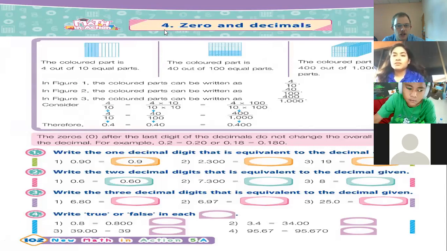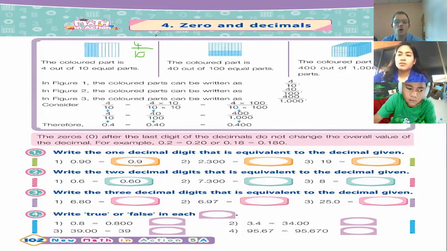Now, in fractions, we learned 4 out of 10 equals 4 over 10. But if we divide the 4 divided by 10, like we would do to convert it, how many zeros do we have for 10? You can tell me. How many zeros does 10 have?